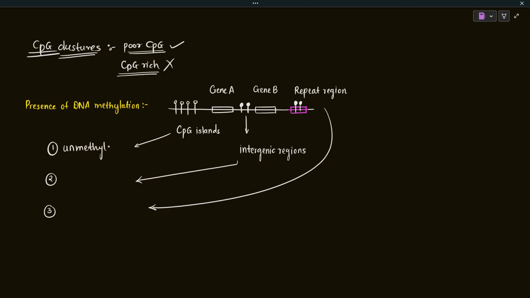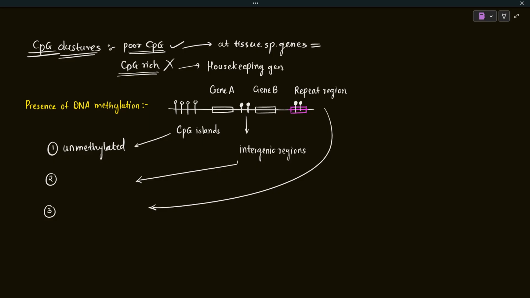Because poor CpG clusters, where the CpG frequency is less, are found at tissue specific genes, for having a better control, while the CpG rich islands are found at promoters of housekeeping genes.